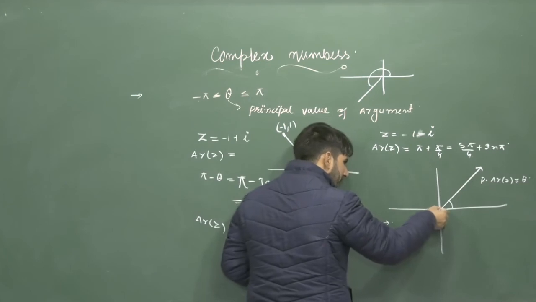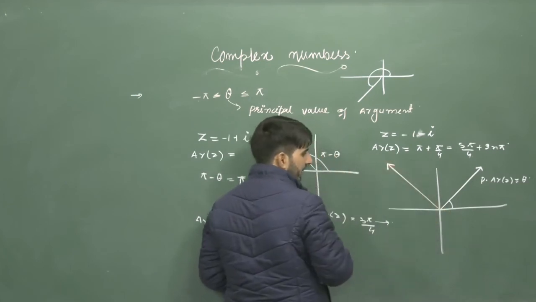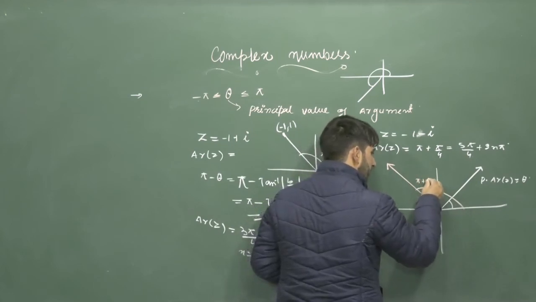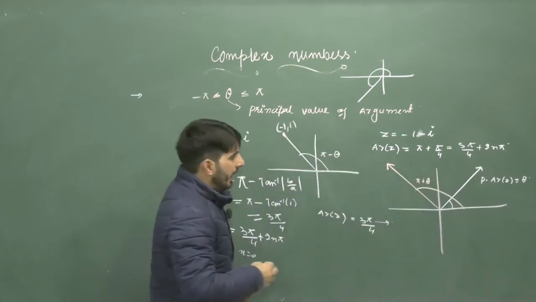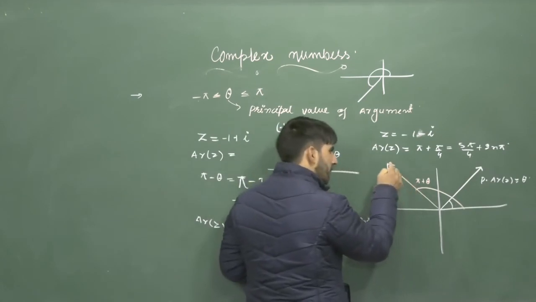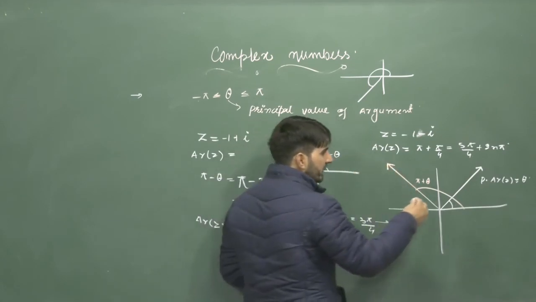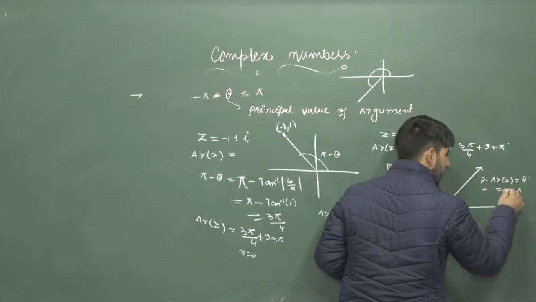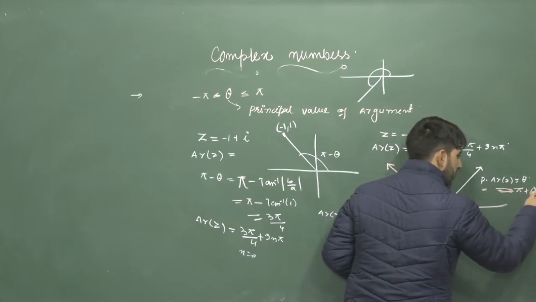If the complex number lies in the second quadrant, its principal argument is π - θ.